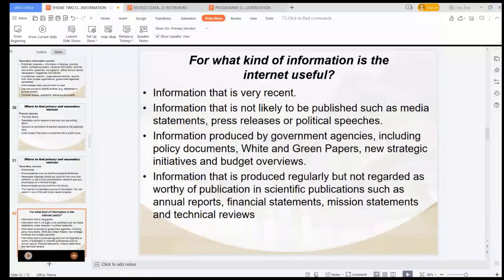And for what kind of information is the internet useful? Colleagues, while we're going to deal with this aspect of finding information, there is a specific way in which one needs to cite information from the internet.